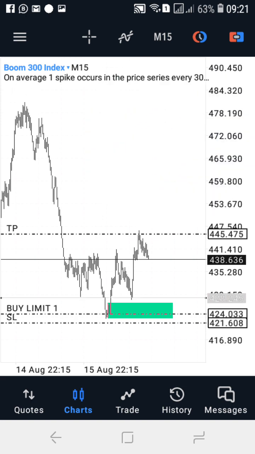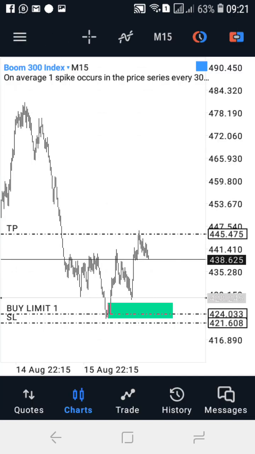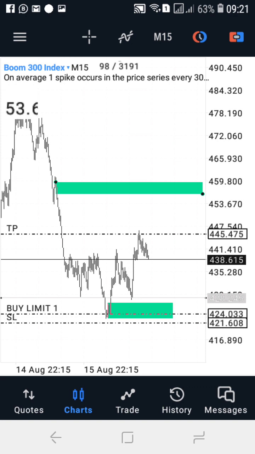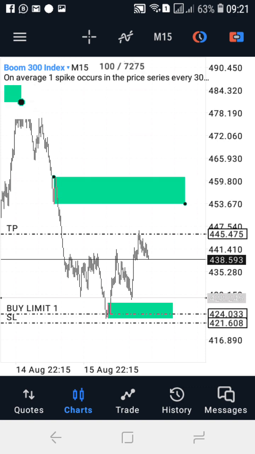Okay. So as per the sell limit, it's kind of the same. I have my supply zone, and it has a sharp breaker block like this.